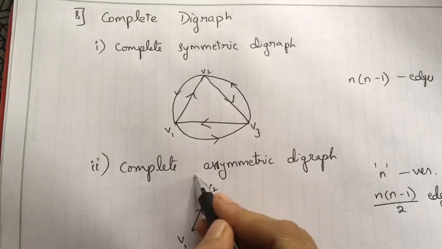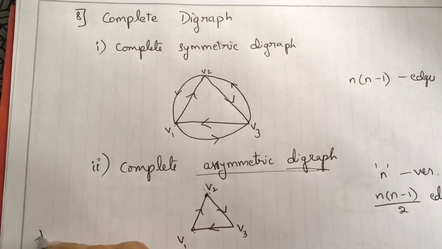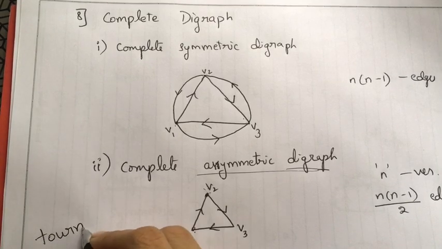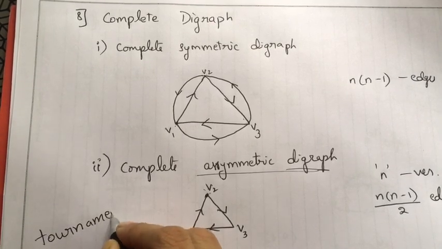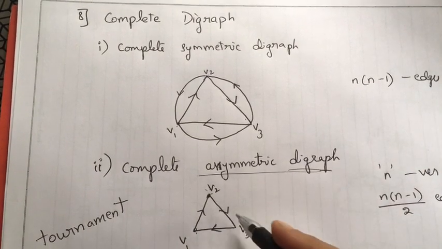And this complete asymmetric digraph is also called a tournament, or even we say complete tournament.